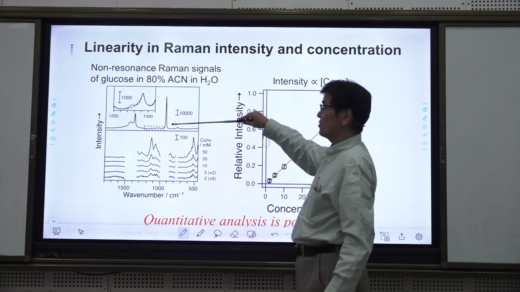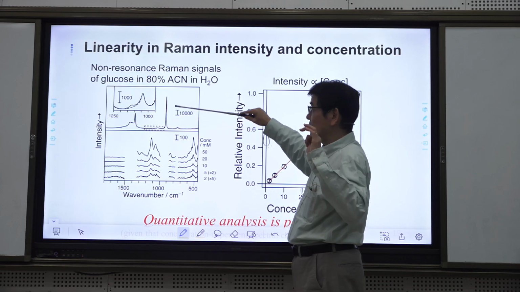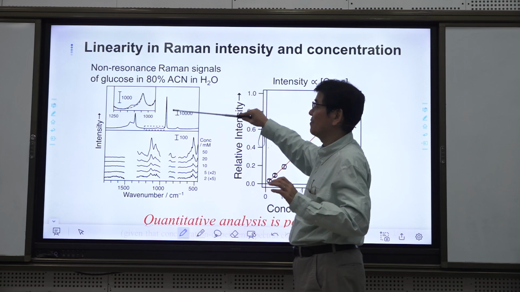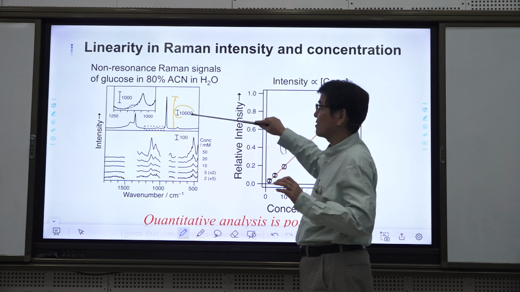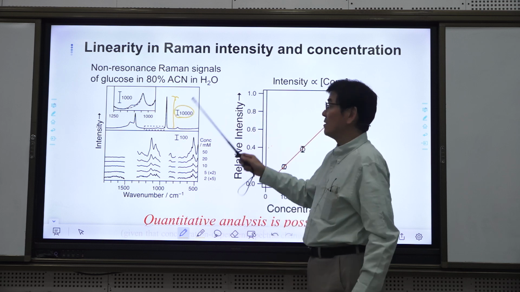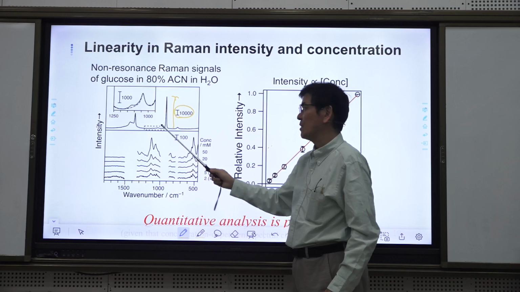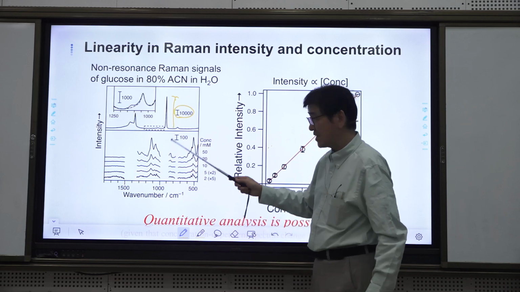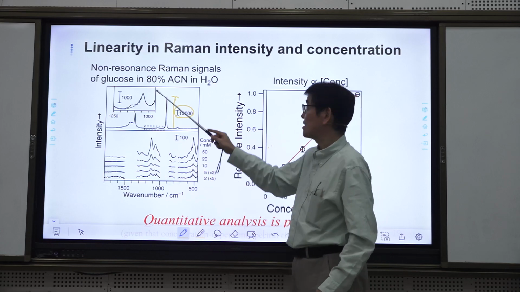So there are two spectra, solution spectrum and solvent spectrum. Intensity is close to 65,000. Okay? Scale bar is 10,000, right? Then I subtracted solvent peaks, solvent bands from the solution band. The residual should be attributed to the solute, in this case, glucose.